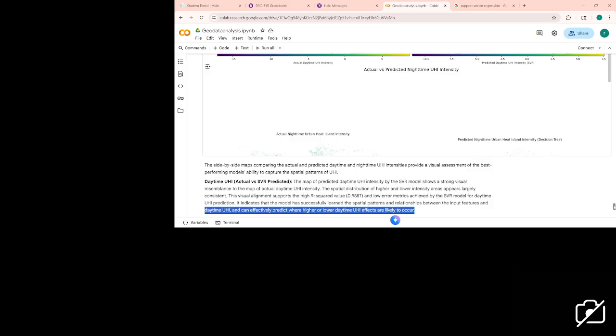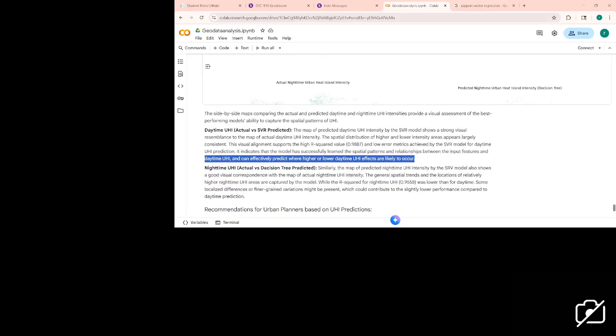And from our analysis and predictions, we are able to see that they are consistent with the geospatial presentation we saw in the exploratory data analysis.